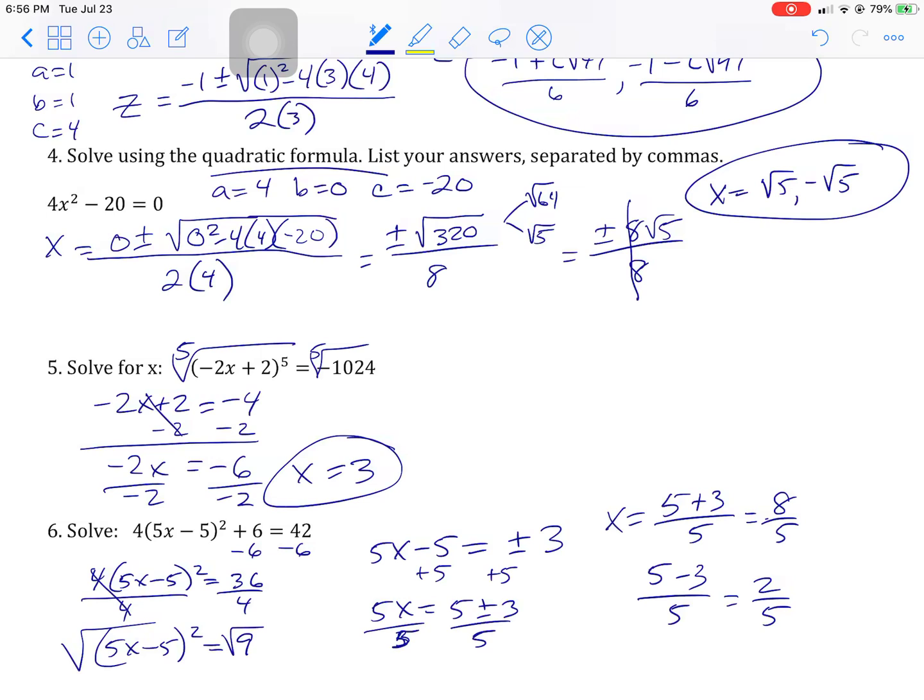I just want to check this didn't mess up a sign here. That's positive. That was negative. Moved it over. Yep, that's correct. Okay, so x is going to equal 8 over 5 and 2 over 5. They are not reducible. Done page 1.